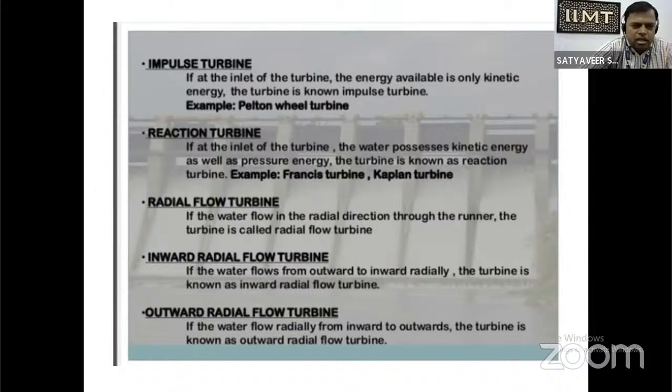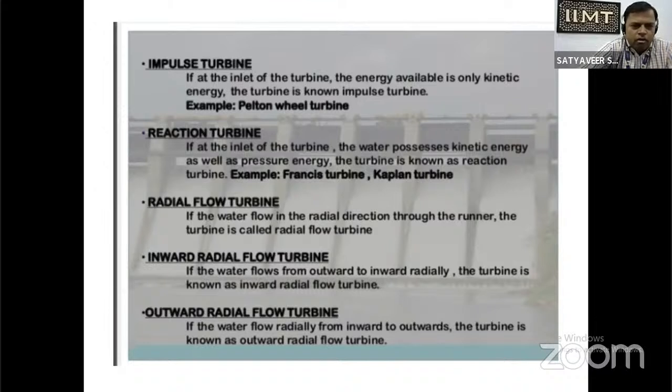Now, next classification is radial flow turbine. If the water flows in the radial direction through the runner, then the turbine is called the radial flow turbine. The runner basically acts like a wheel, and it stores the energy.